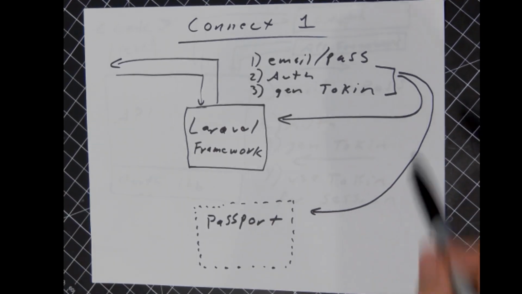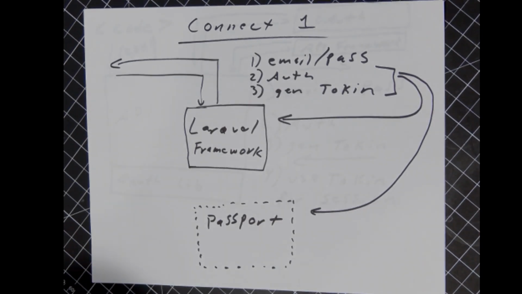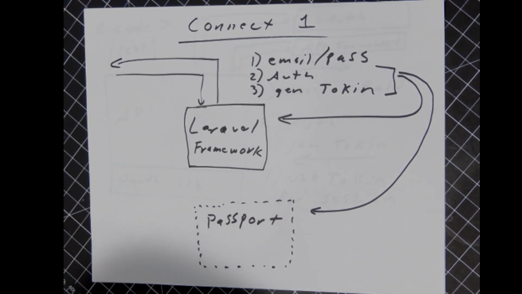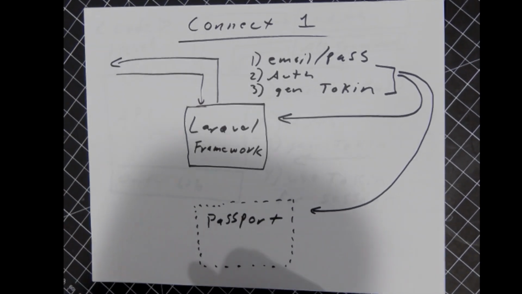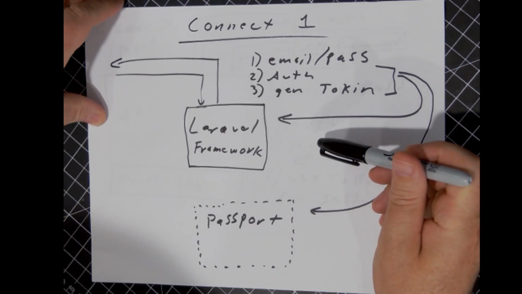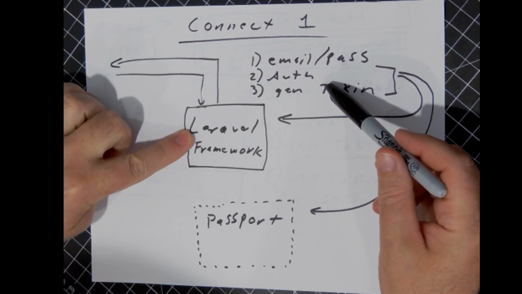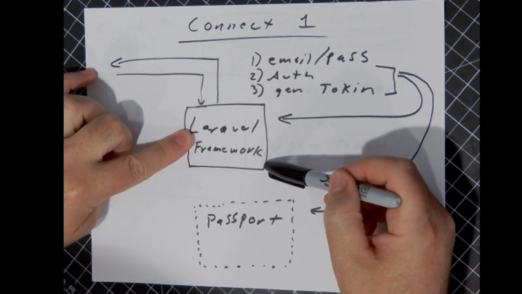All right, everybody. So, just a quick discussion about our API and authentication, both current and what we're moving to for the API. Currently with Connect One, we talk into Laravel, the application framework.